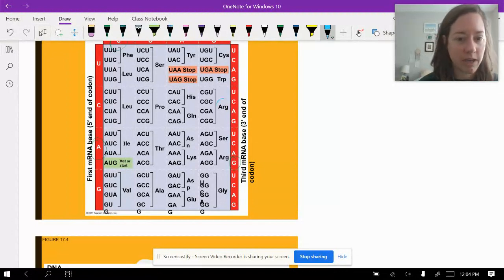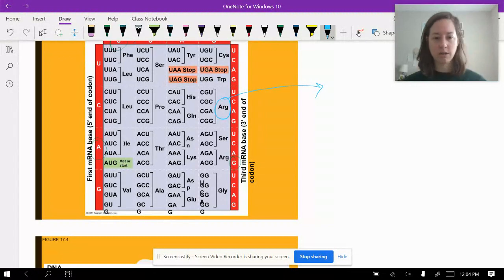Like if you look at this one here for arginine, no matter what your 3rd letter is, if you have CG, you're going to code for arginine. And that means that if you had a mutation, it would have no effect on the function of the protein, because it would bring the same amino acid anyways. So it would be totally fine, which is really nice. That's called wobble.